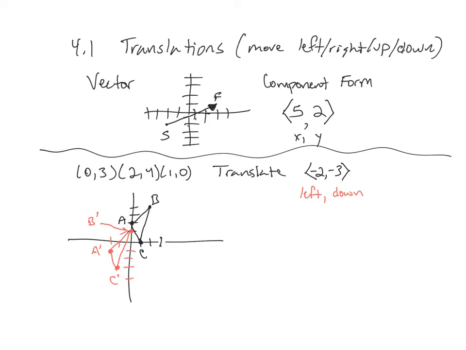So you'll see these words like pre-image and image. Okay, so in this picture, the A, the B, and the C would be the pre-image, and the A prime, B prime, and C prime would be the image.